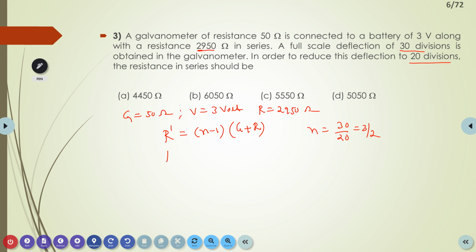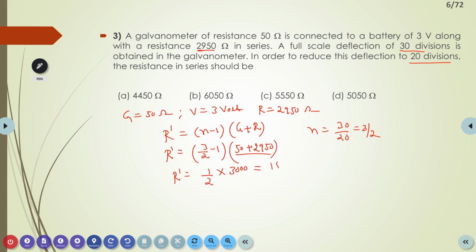Substitute this. R dash equal to 3 by 2 minus 1 into bracket. G value is how much? 50. R value is how much? 2950. Substitute this. R dash equal to 3 by 2 minus 1 becomes 1 by 2 into 3000.